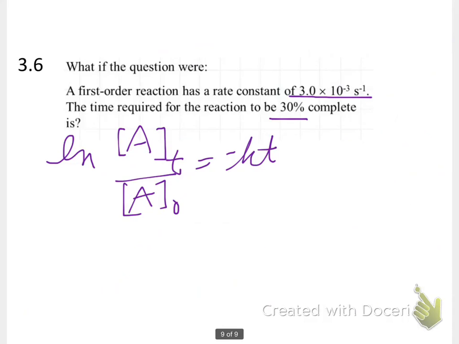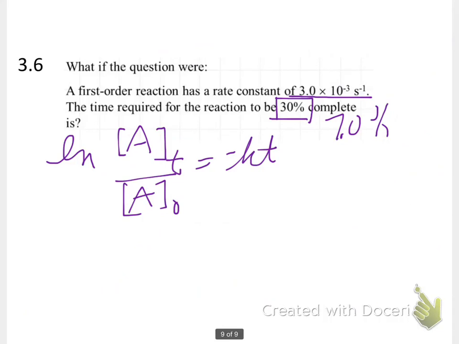Okay, if my reaction is 30% complete, what does that mean in terms of what I have left? If I'm 30% complete, I should have 70% left, right?